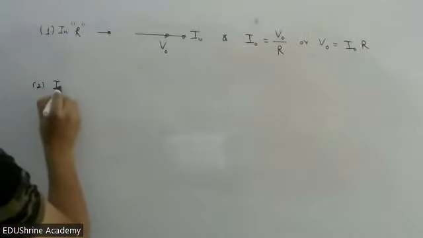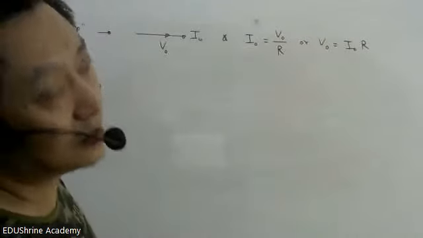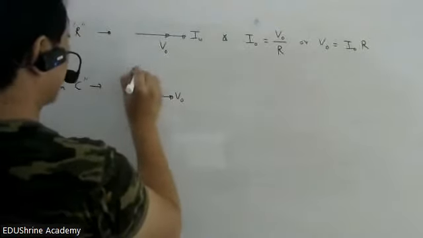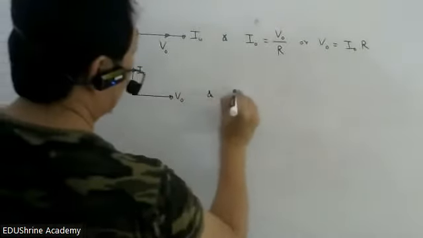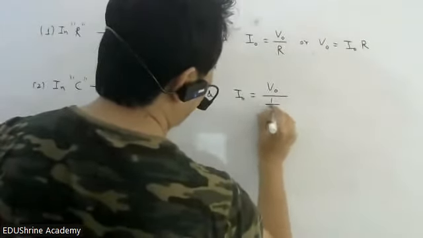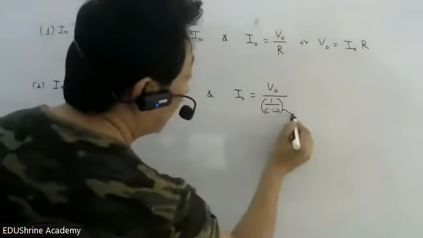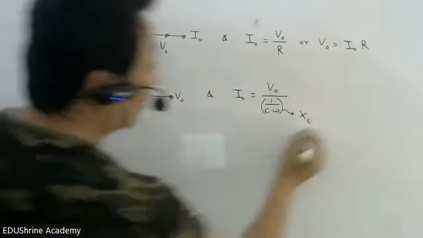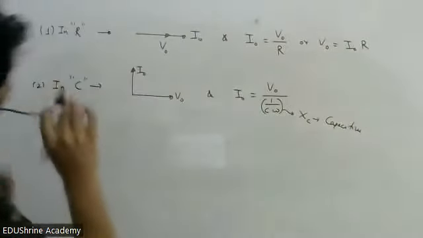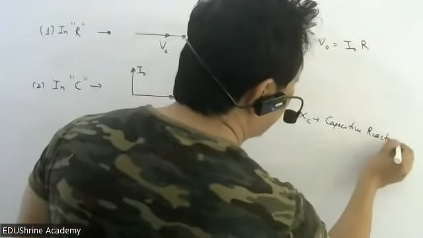In capacitor, we found current leads. So here was your voltage, here was your current. And I naught was V naught divided by 1 by C omega. So what we did, if you remember, we gave this quantity a name XC, and we called it capacitive reactance. Do you remember?